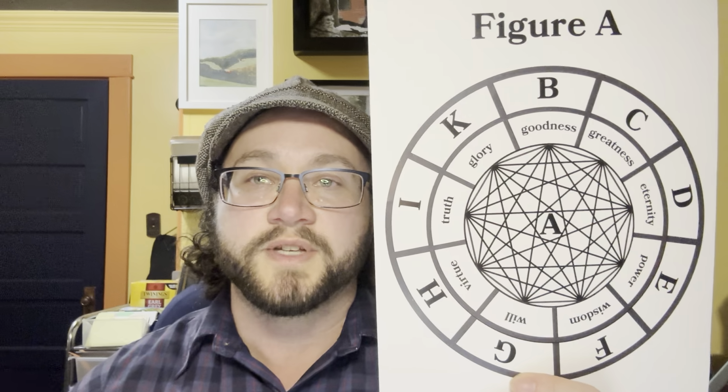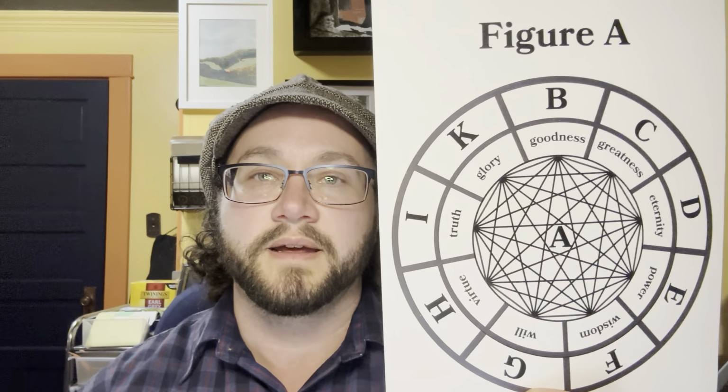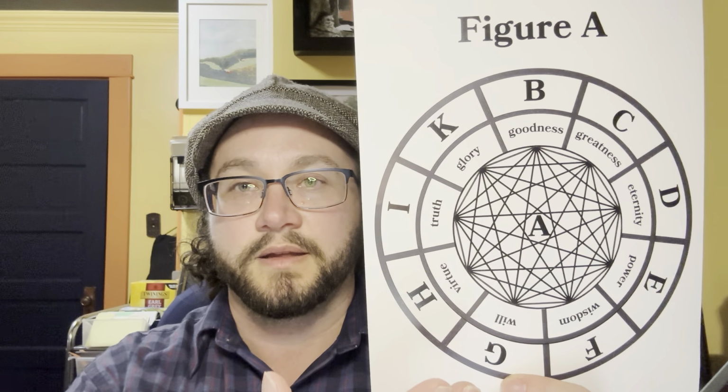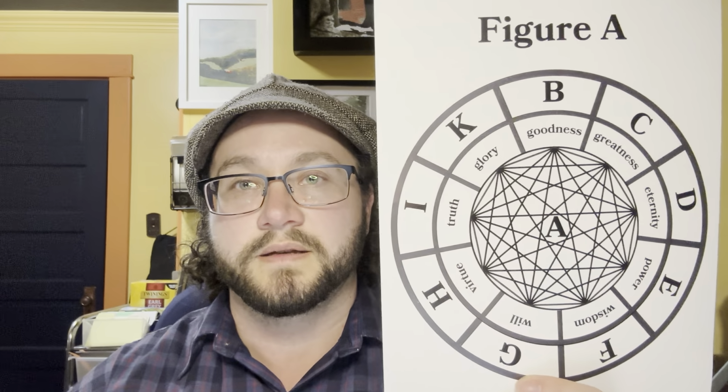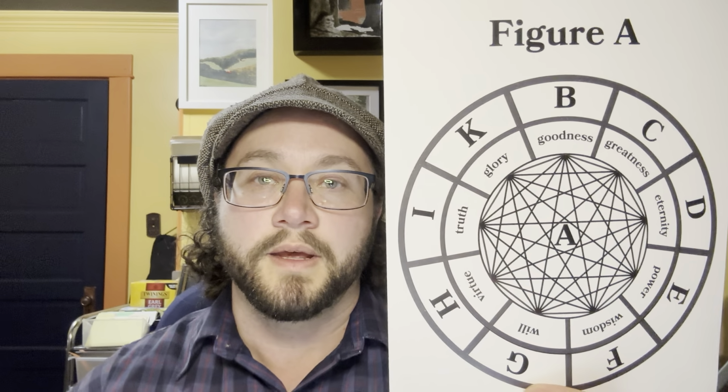Anytime he comes up with a logical statement in his system, which we'll get into as we go along, if it contradicts this idea of God in some way, then to him, that means it's not true.